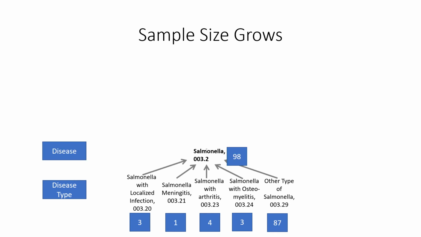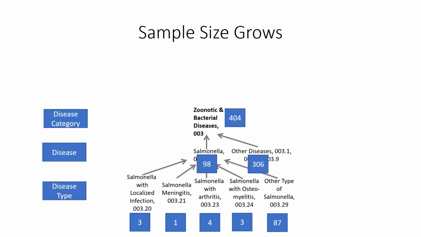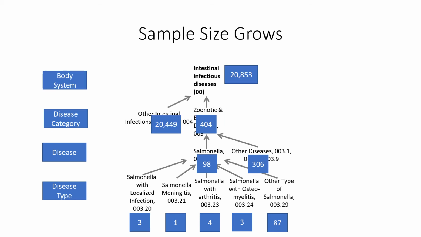So we move to the disease and we get every one of these subtypes included in Salmonella, which gives us now 98 observations. Still rare. But if we move to zoonotic and bacterial diseases, we now have 404 observations. As we move up in the ontology, we get to larger and larger samples.